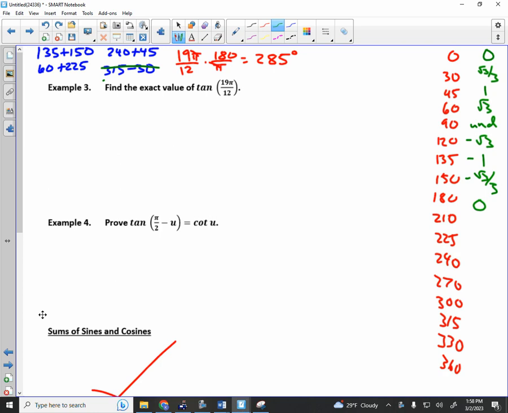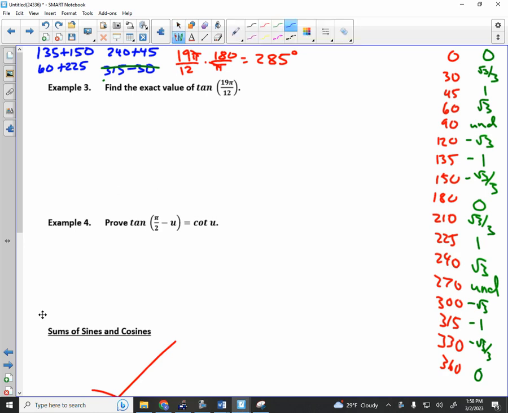And then we enter the third quadrant, so tangent is going to be positive, so you're going to cycle back root of 3 over 3, 1, and root of 3, and undefined. And as you cycle back, we've got 300, you're going to have negative root of 3, negative 1, negative root of 3 over 3, and 0 again.